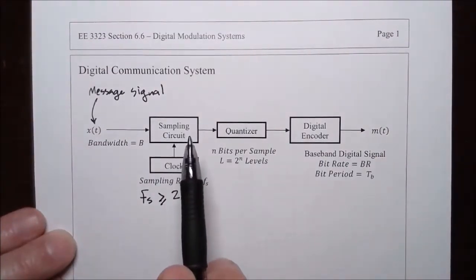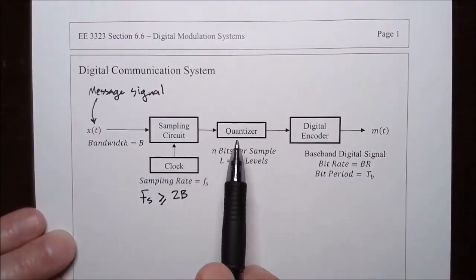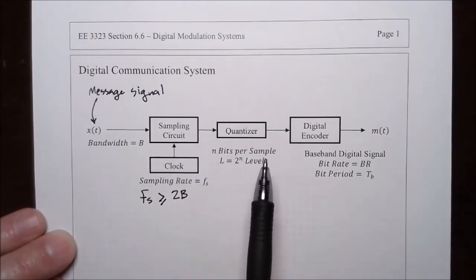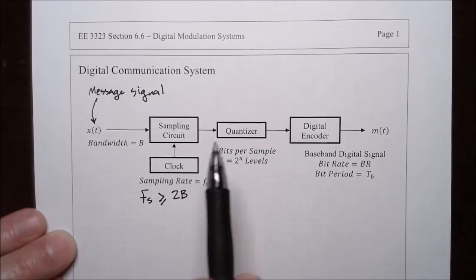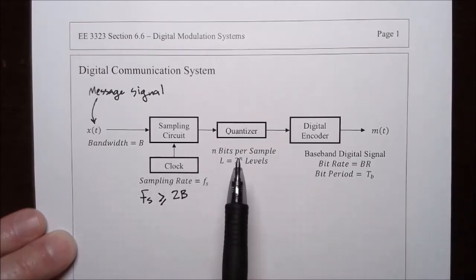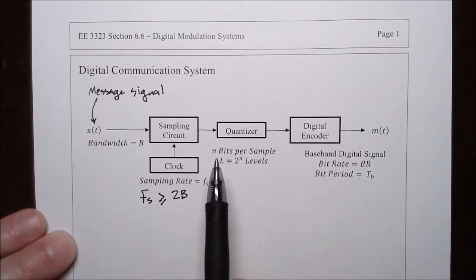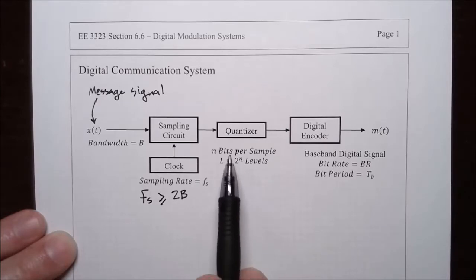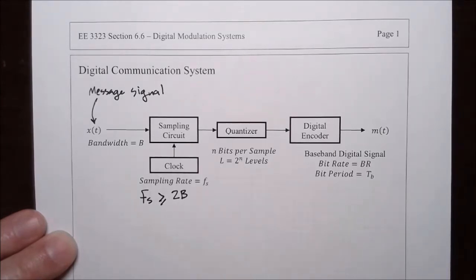The sampled signal is then applied to a quantizer, which uses a certain number of bits to express each sampled value digitally. So it rounds off the sampled value to the nearest standard level. That depends on the number of bits used and the number of levels used. The number of levels is 2 to the power of n, where n is the number of bits.